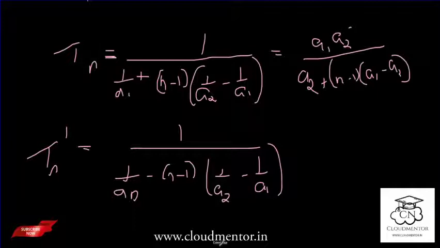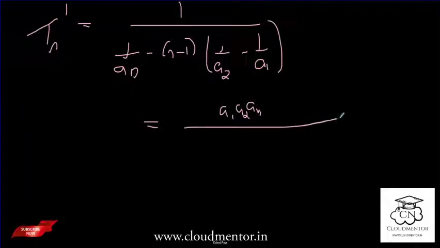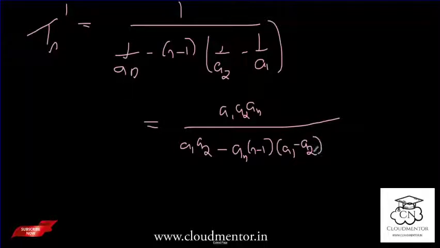Okay, that will be equal to A1 A2 An the whole divided by A1 A2 minus An of (n minus 1) of (A1 minus A2). So that's the equation.